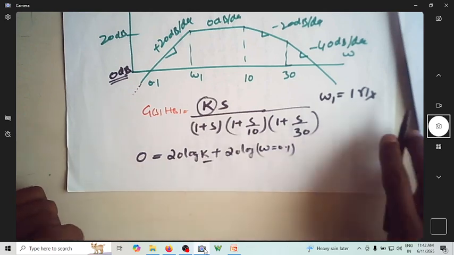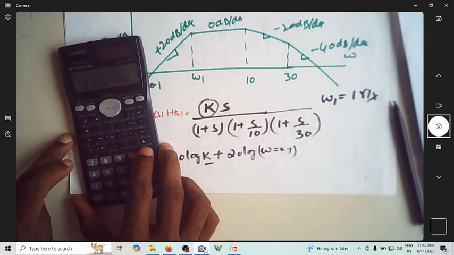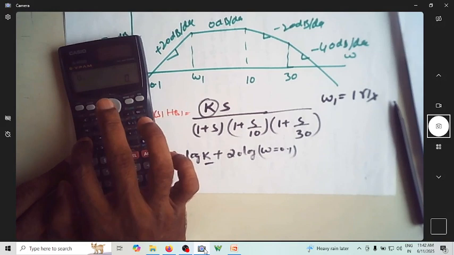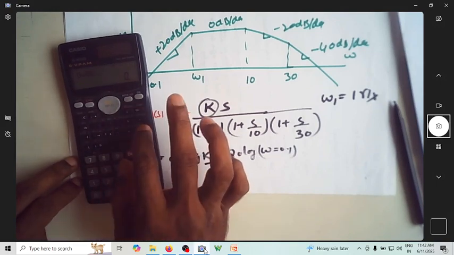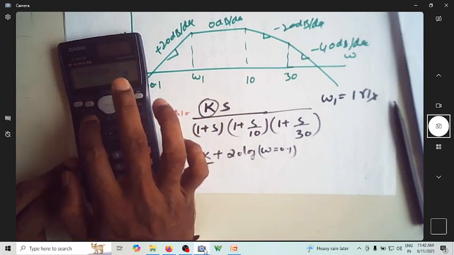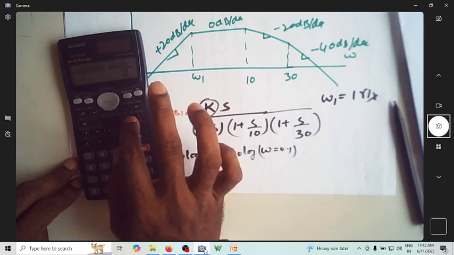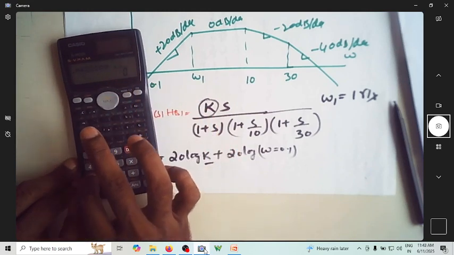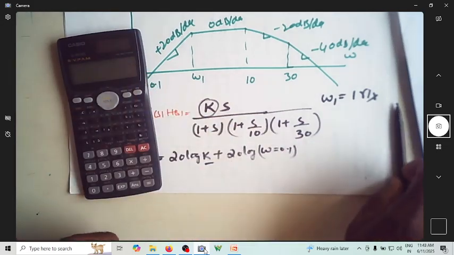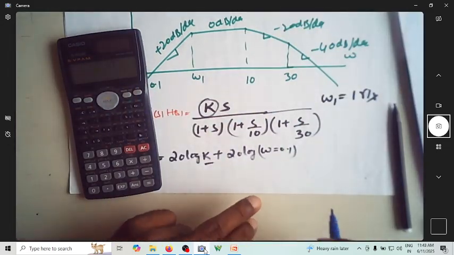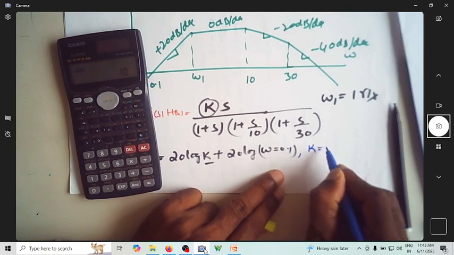Solve for k value. 0 equals 20 log k plus 20 log 0.1. Let us find the value of k. K value comes out to be 10.